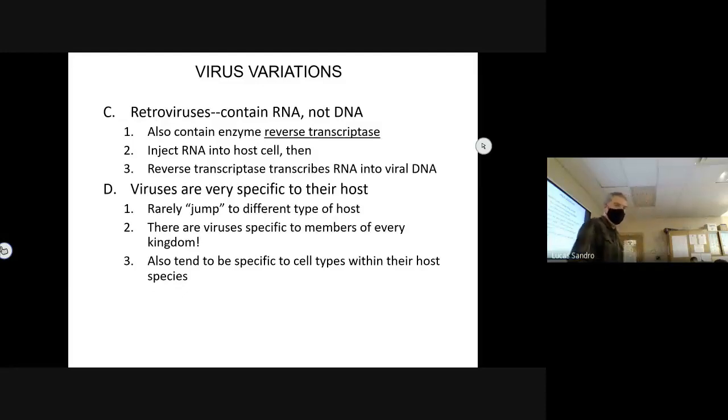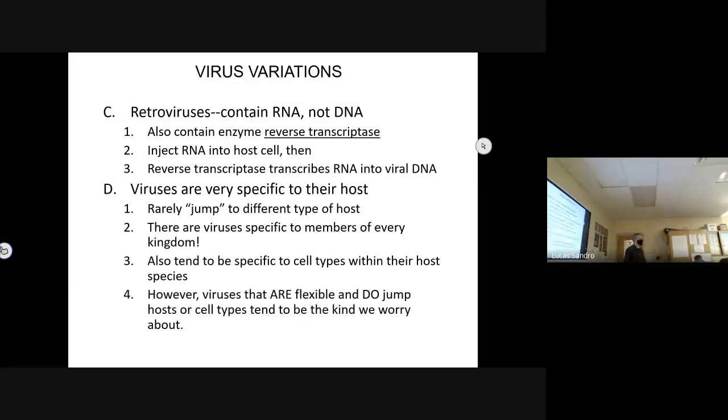Not only that, but because it jumped from a different species, it doesn't really care much which kinds of your cells it invades. And when you've got a virus that's a generalist like that, that is trouble. If it's invading a lot of different human cell types, that's when you get situations like a hemorrhagic fever where everything's kind of falling apart.